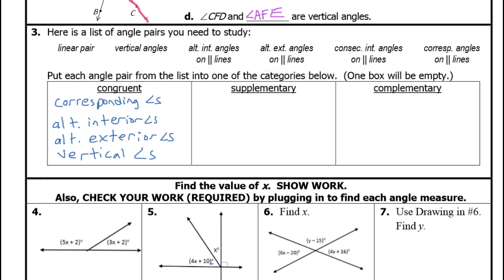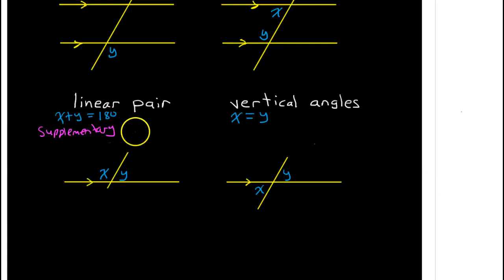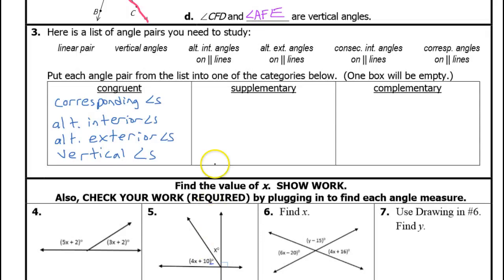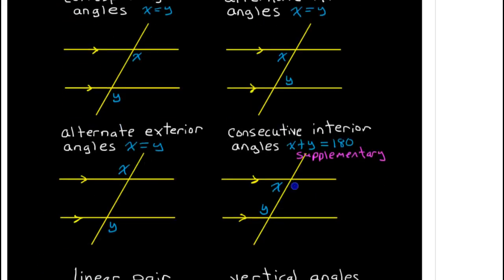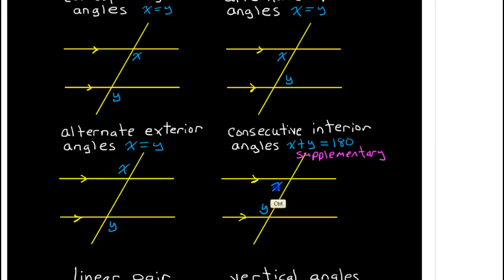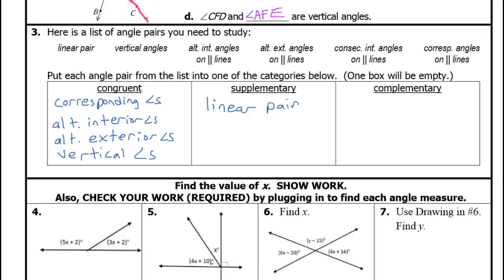All right, now what about supplementary? We know that a linear pair is supplementary. But we also know that consecutive interior angles are supplementary.